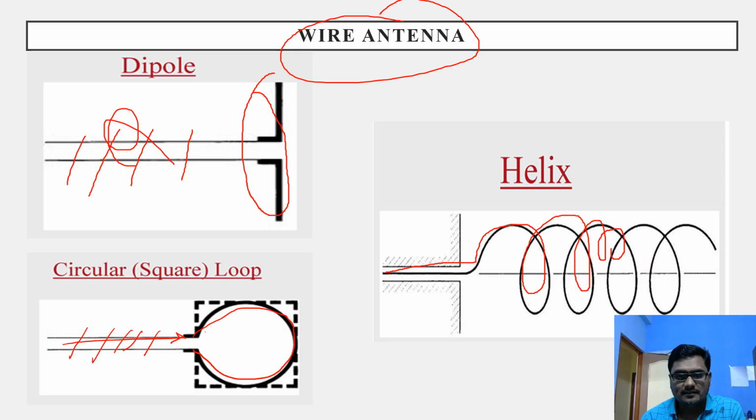It's a wire which is bent like a loop, and the name they have given is circular loop. It can be square, it can be triangular. You just need to have a wire which is wound. Look at this, I'm drawing a circular loop. That is also a loop antenna.